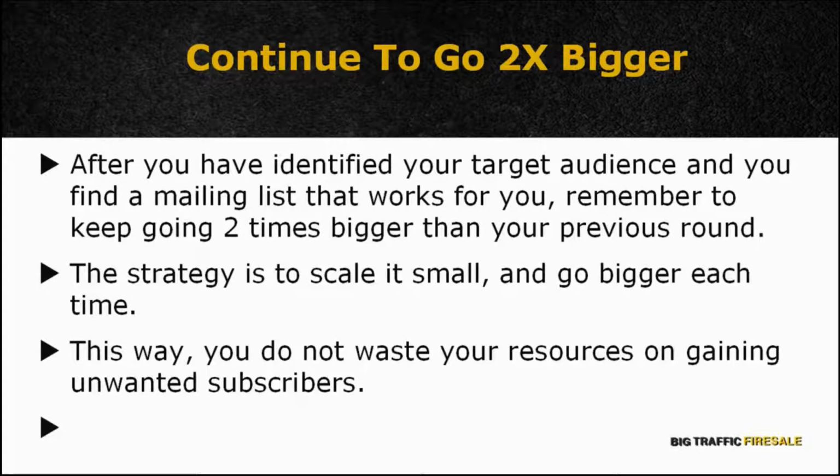Continue to do the same each round until you have accumulated your ideal list for your advertisements. But always remember to not drastically go for a huge solo ad if you're relatively new to the scene. The strategy is to start small and to go bigger each time. This way, you don't waste your resources on gaining unwanted subscribers.